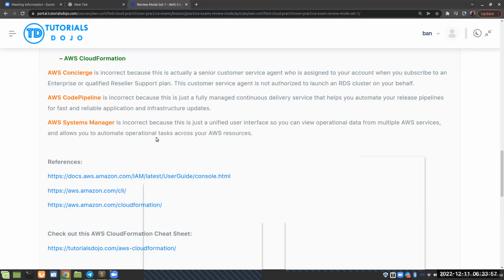CodePipeline is a fully managed continuous delivery service that helps you automate your release pipelines for fast and reliable application and infrastructure updates.